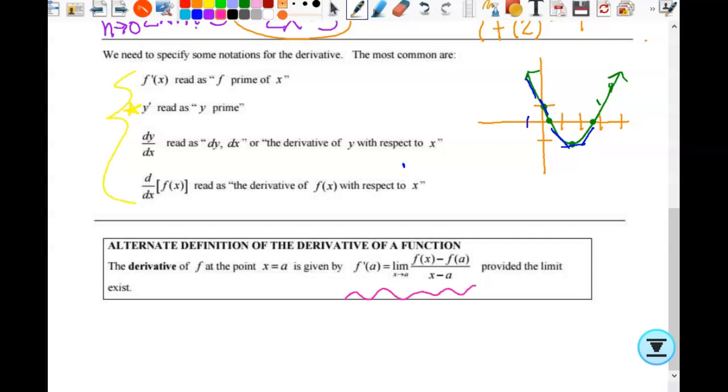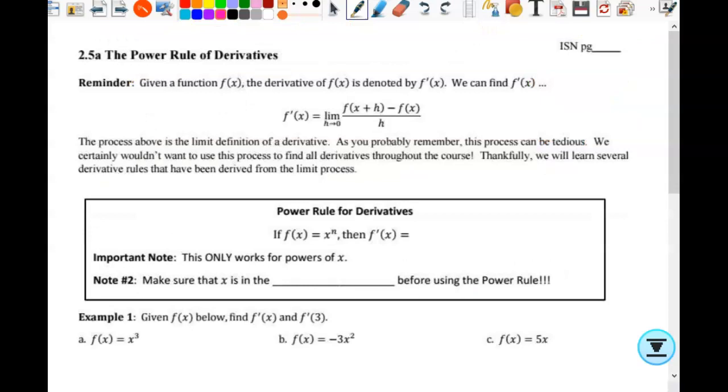Well, give me 1 second here because I have lost my paper now. Okay. So what page is this second one going on? 35? Okay. Here we go. This is going on 35.